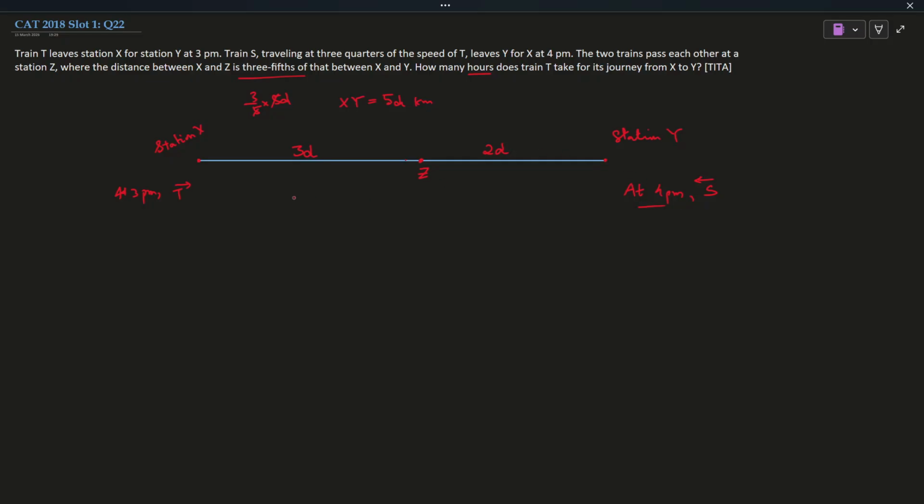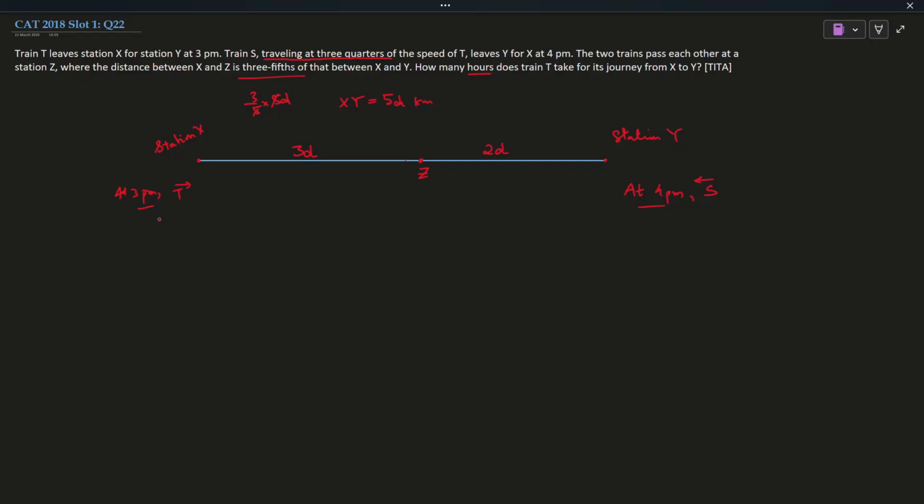Okay, 4 p.m. and 3 p.m. The two trains pass each other at station Z, so they meet at Z. What is the time taken by T to reach Z? We are also told that S travels at 3/4 of T's speed.